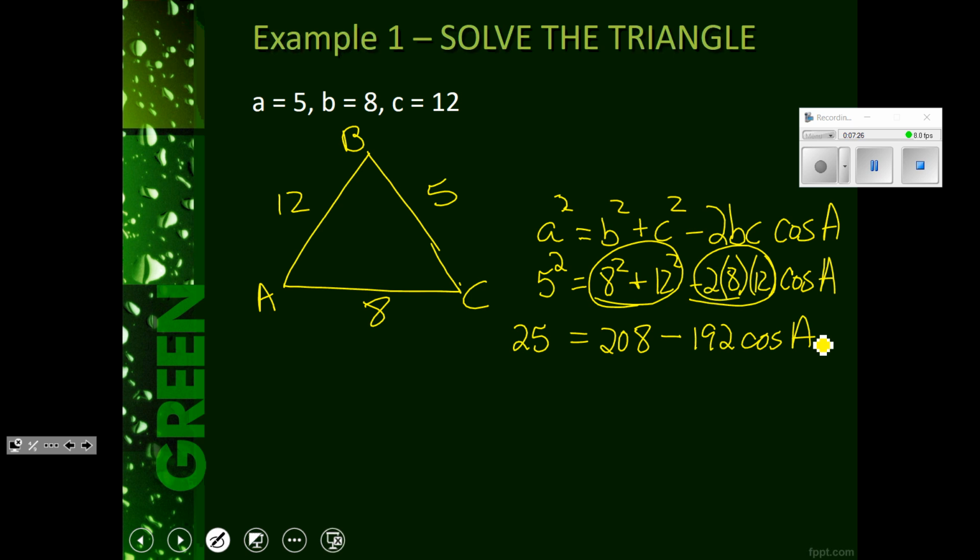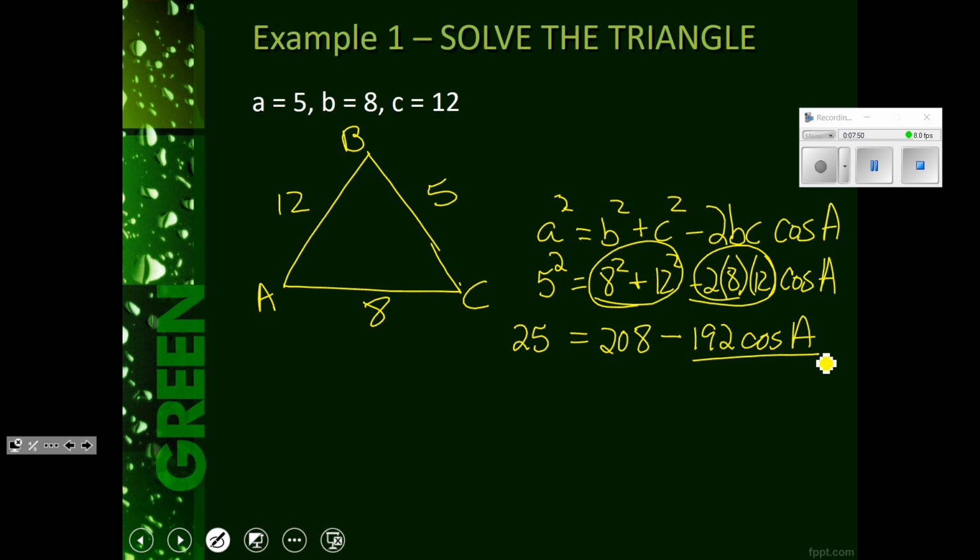Can I subtract 208 minus 192, first of all? No. Why not? Because 192 is attached to the cosine of A. Does that make sense? So basically, we've got to take everything that is separate. 192 is with the cosine of A being multiplied. We got to take everything separate to the other side.